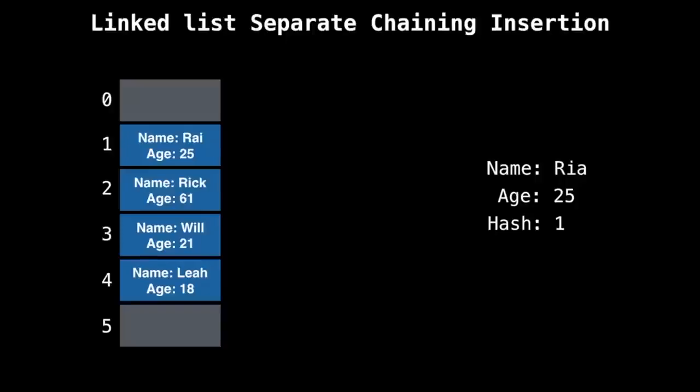Okay, we're starting to get a little bit full in our hash table here, so we might get some collisions pretty soon. Okay, Lara, age 34, hash to 4, but we say, oh shoot, Leah is already there. What do we do? Well, in separate chaining, we just chain along. So essentially each position in the array is actually a linked list data structure.